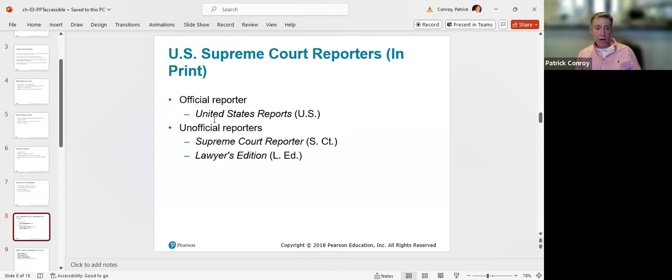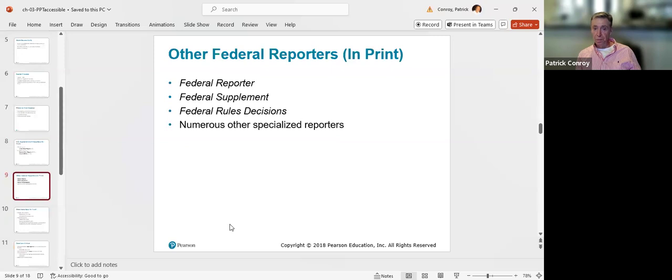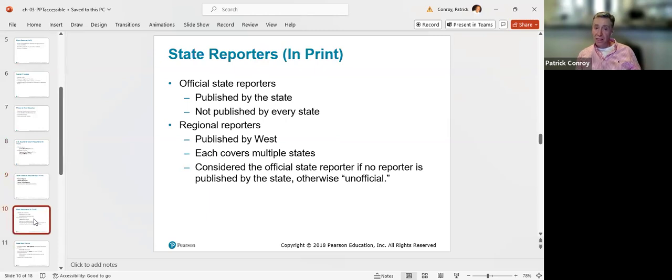Supreme Court Reporter, United States Reports, that's what the Supreme Court uses. Unofficial reporters are these others. These might offer more explanation, but that's not the holding. They might try to explain the holding or go into other depths, but those are unofficial. All these are other kinds of reporters. Then states have their official state reporters.